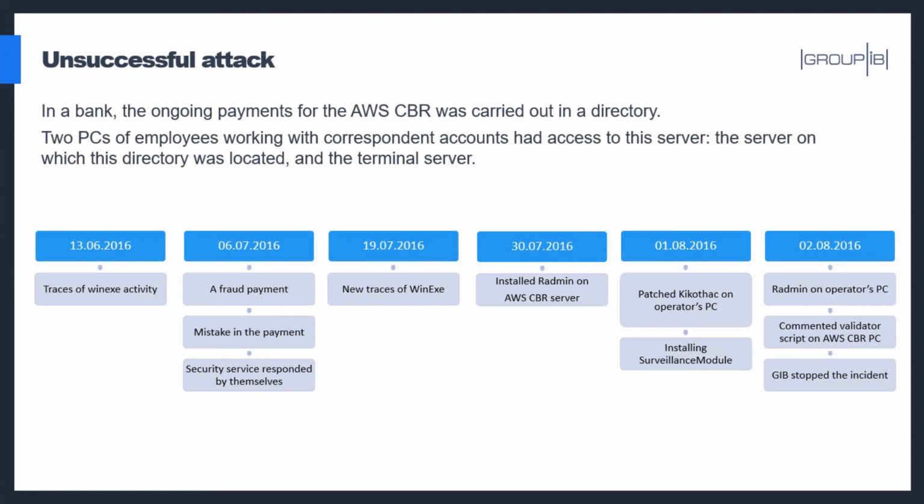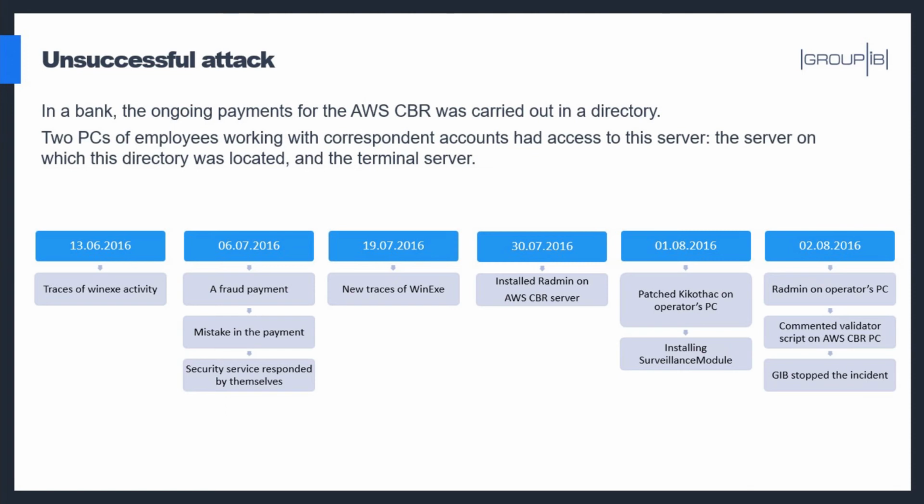WinXC is an analog of the PsExec utility for Linux, which allows you to control a PC under Windows via the SMB protocol. A month later, hackers tried to make a payment through the AWS CBR system.